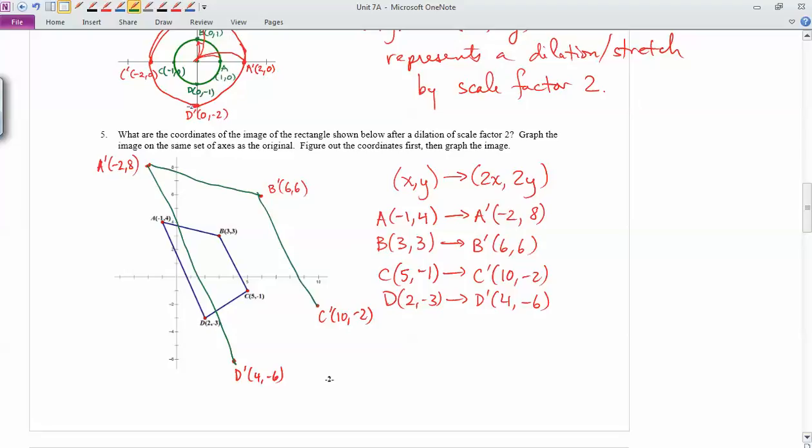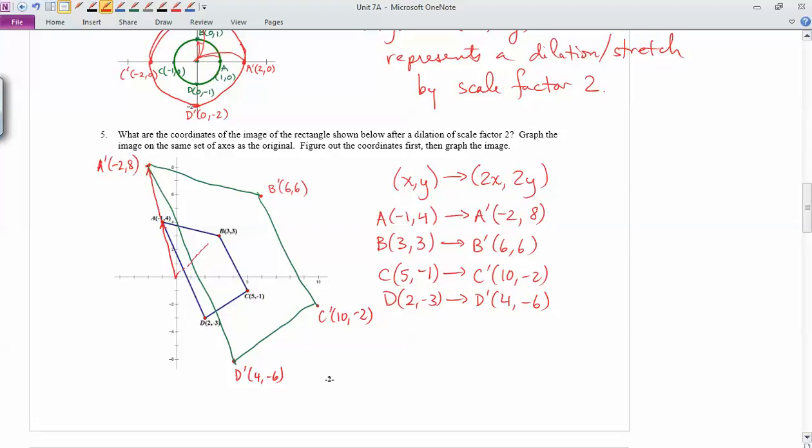It is twice as big, but notice that in the previous problem, the small circle was right in the middle of the big circle. In this one, that's not the case. So the way that the stretches work is you're stretching from the origin, so everything gets pulled out from here. So really what's happening is if you figured out how far it is from the origin to A, and then you doubled it, you get to A prime.